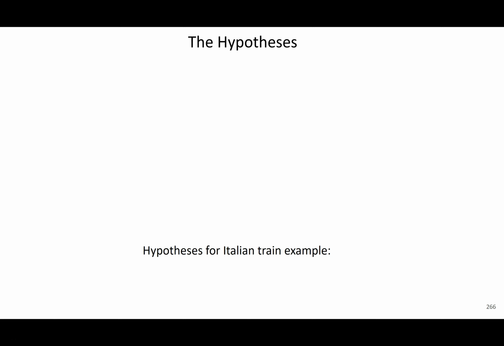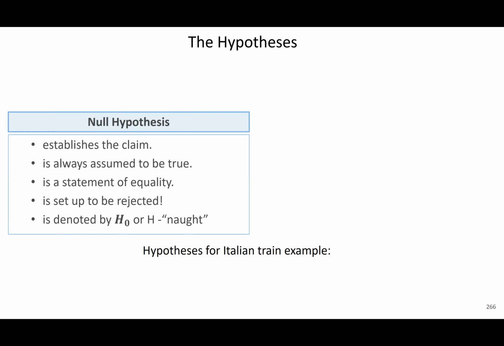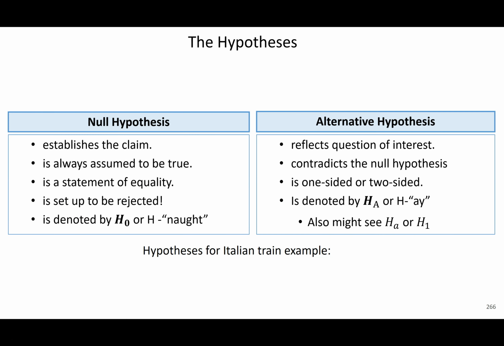So the hypotheses, there are going to be 2 types. We're going to have the null hypothesis. The null is the boring one. It is the established claim. So we're just going to assume that the claim or statement is true. We're always going to start out believing it's true. It's always going to have an equal sign in it.